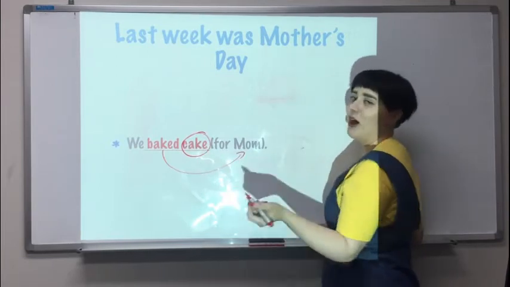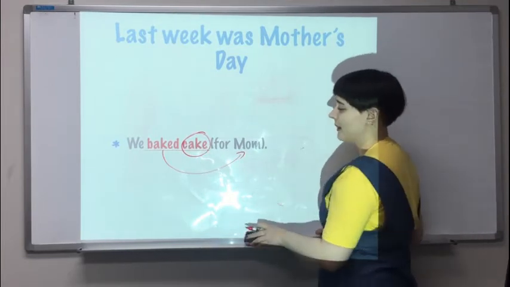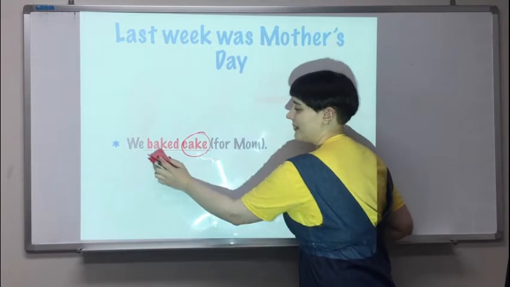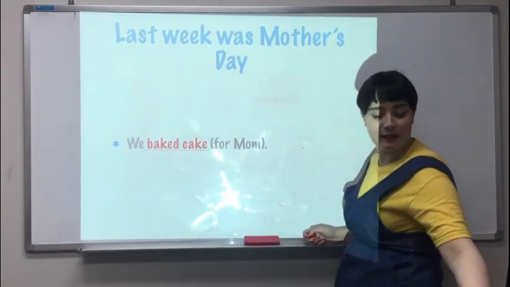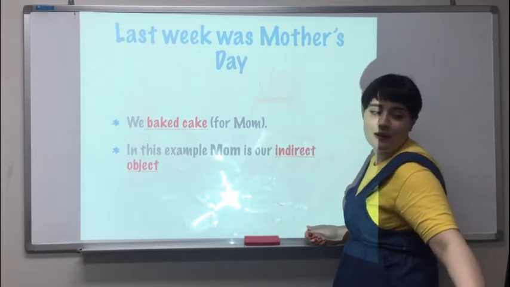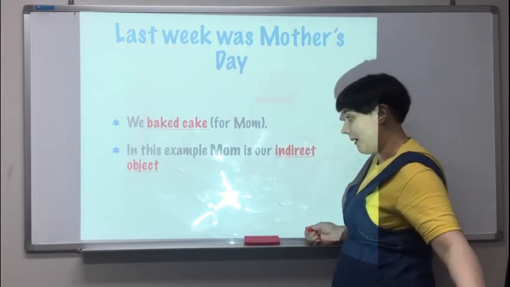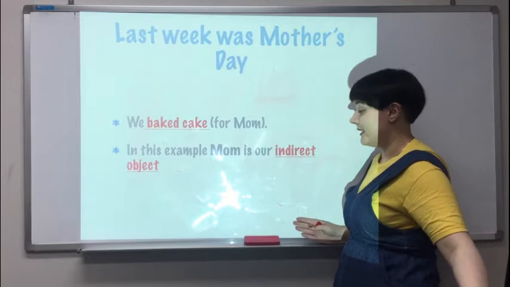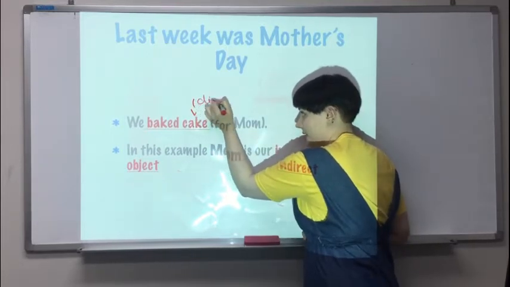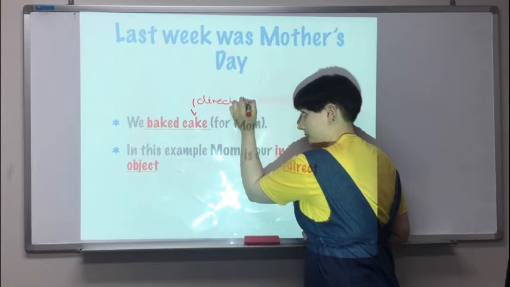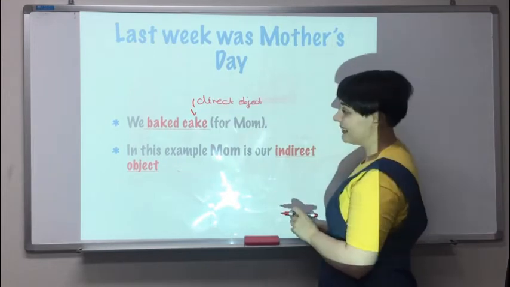Obviously we cannot bake mom. That's wrong. We baked the cake for mom. So in this example, mom is our indirect object, while cake is our direct object. Easy, right?